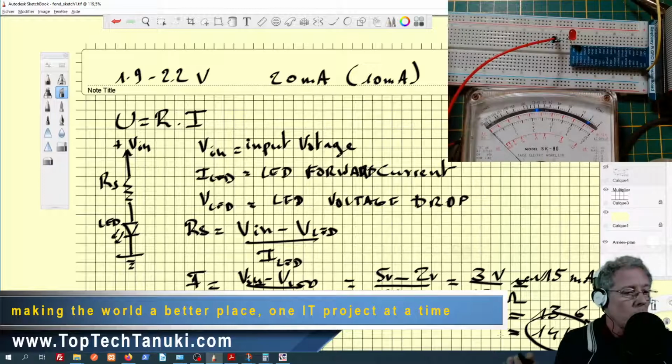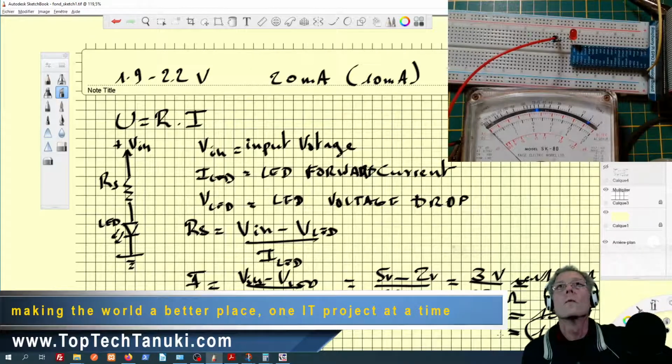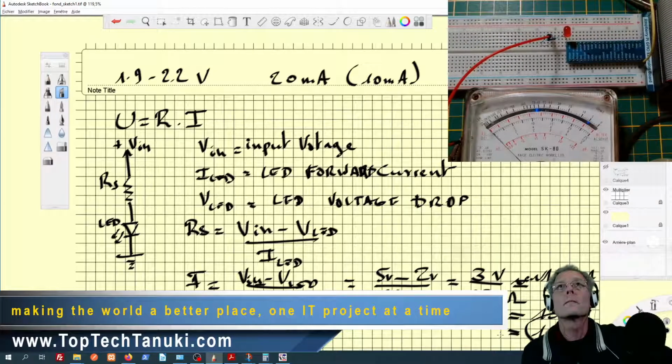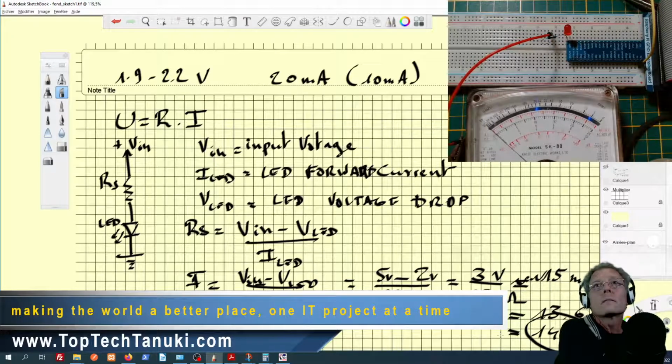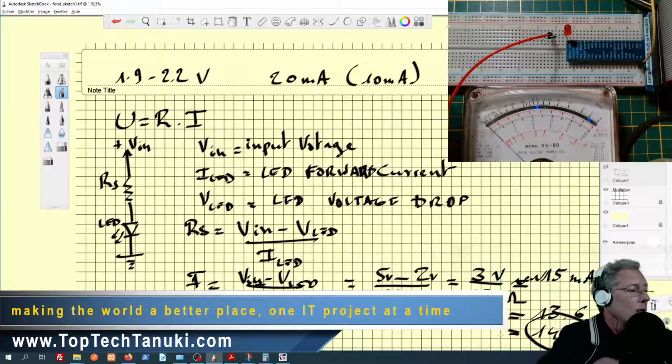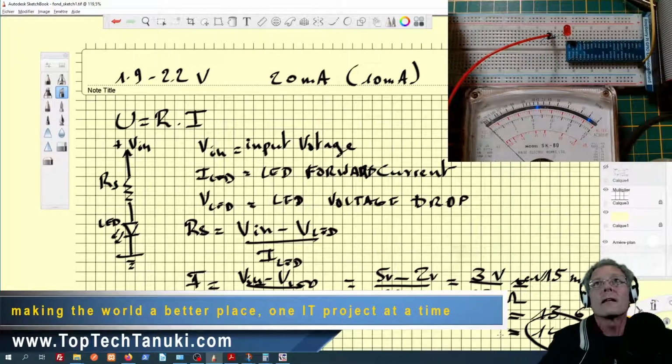Okay, oh, it's moving. It's live. Try to make things right here. Those are the lines.